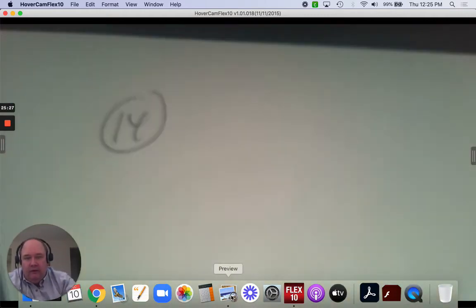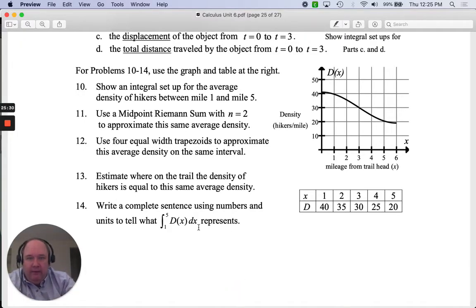Number 14. Write a complete sentence using numbers and units to tell what it means when you integrate from 1 to 5. So when you integrate from 1 to 5, what does that mean? And so we're just going to write that down. When you integrate a rate, what you're left with is the unit of what you're left with.